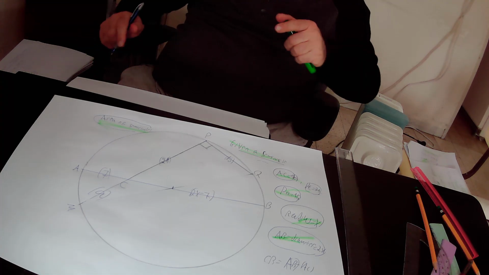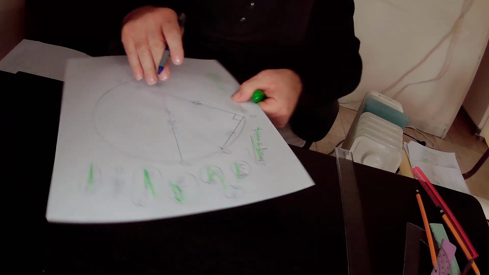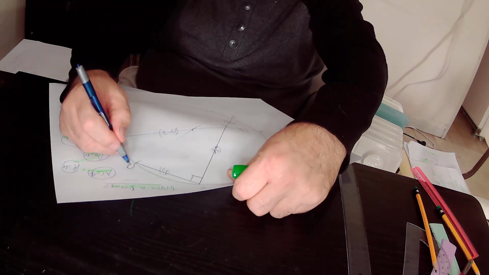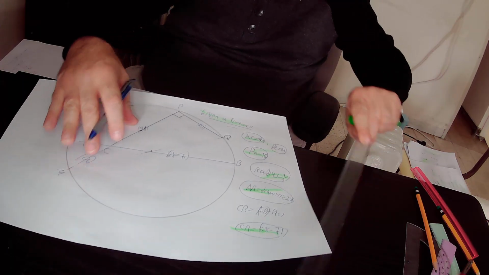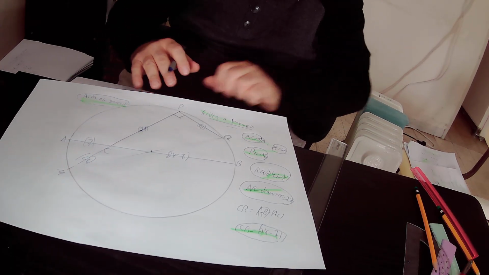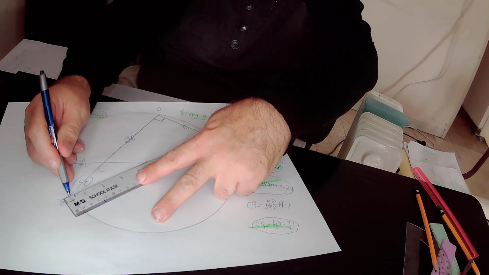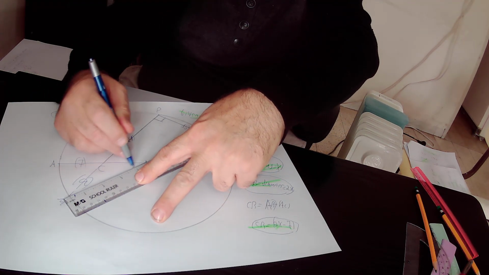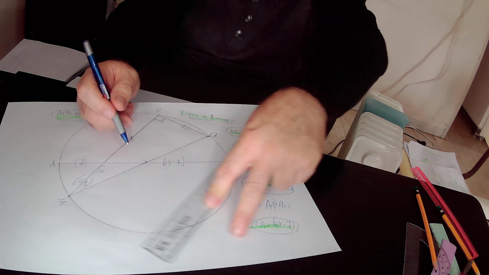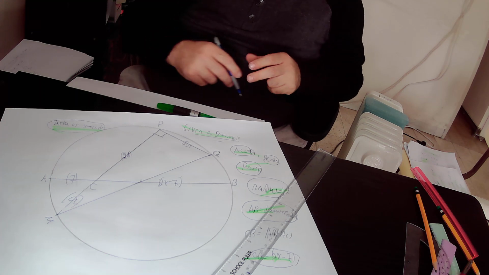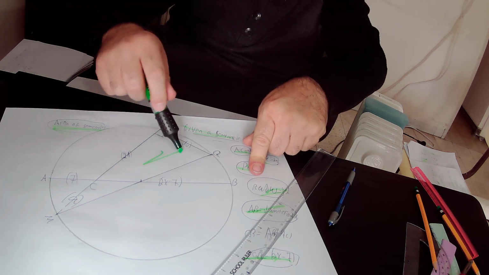In the next step, we will join points Q and M together by a straight line. By joining points Q and M, we created the green right triangle QPM.